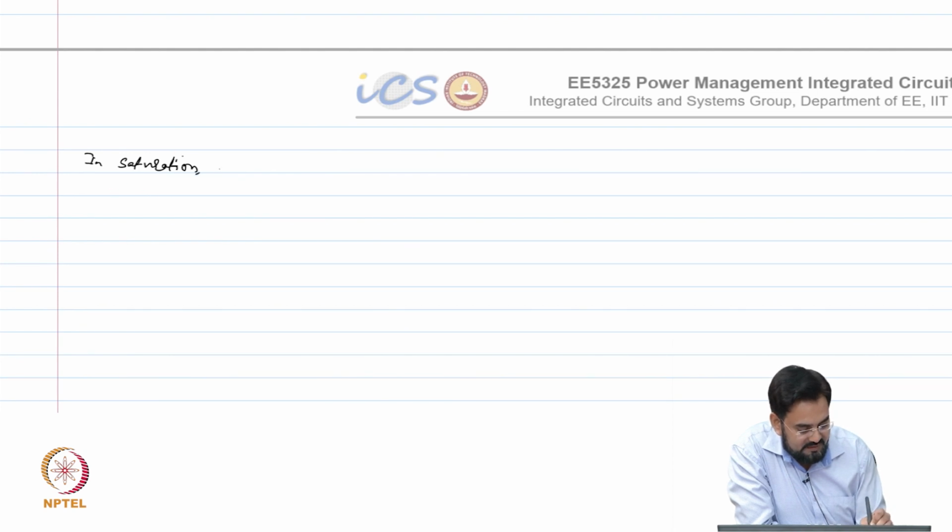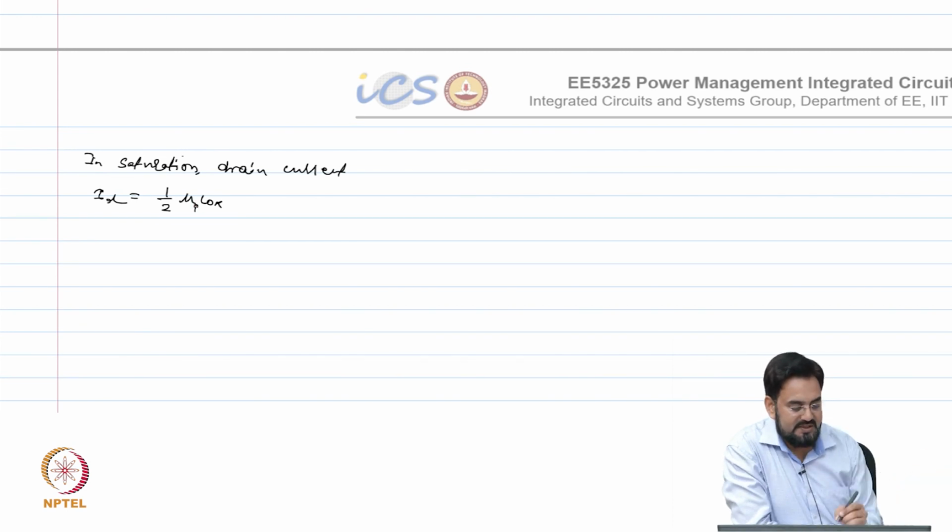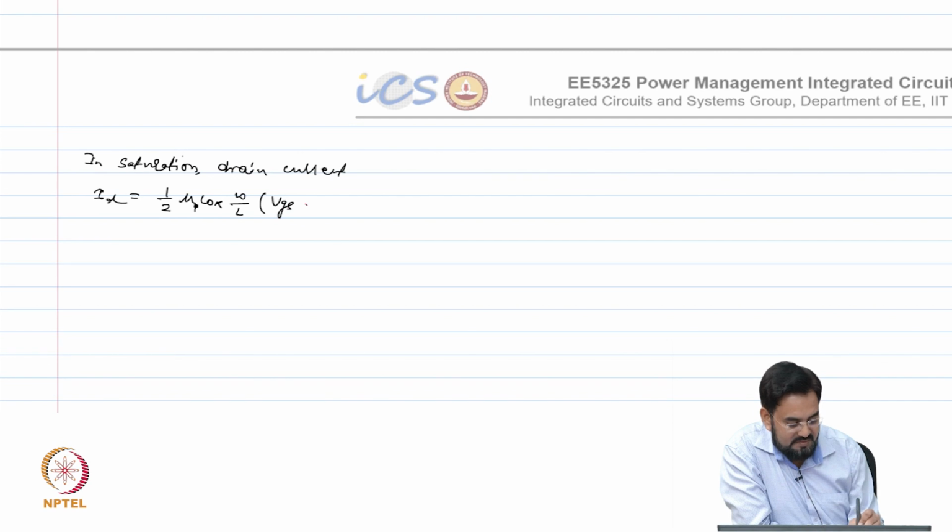drain current ID is given by 1 by 2 mu C ox, or I will call it mu P because if you are looking at PMOS, mu P C ox, what else, W by L, mod of VGS minus VTH. I am putting in mod because we are interested only in the positive value.